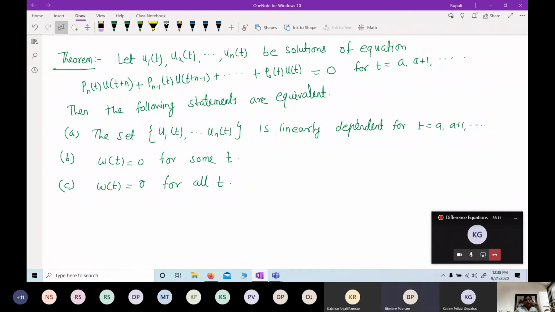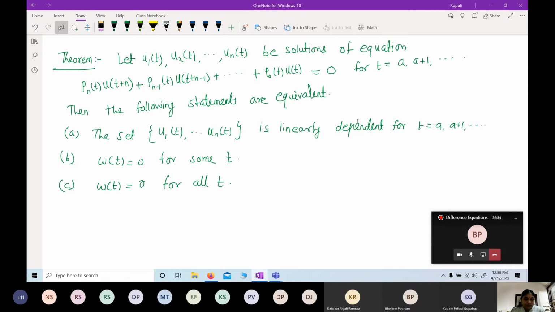W(t), the Casoratian, is equal to 0 for some t in B, and the Casoratian is equal to 0 for all t in C. Which is obvious, B implies C or C implies B? C implies B, because if W(t) is equal to 0 for all t, then W(t) is equal to 0 for some t also.